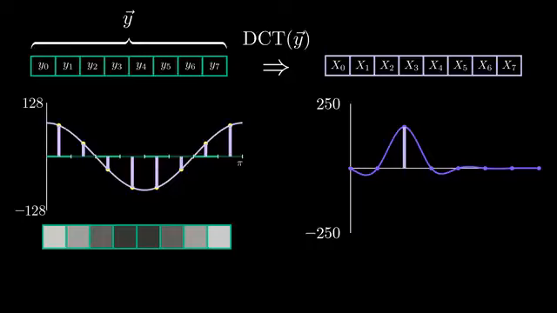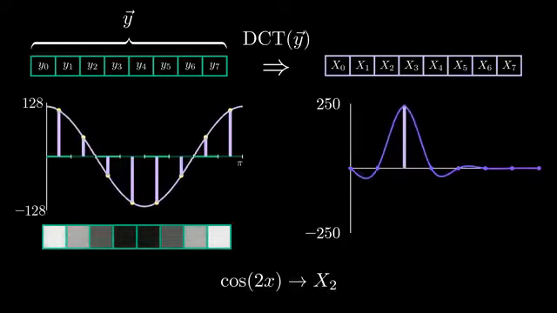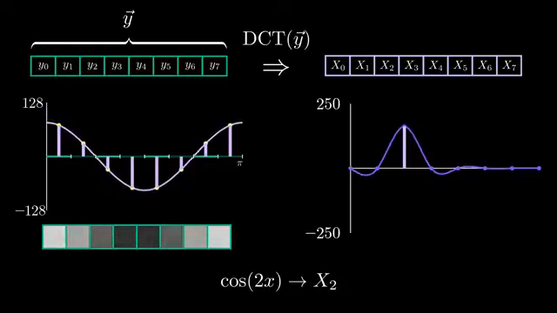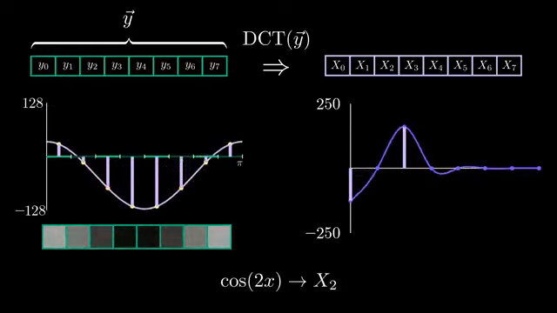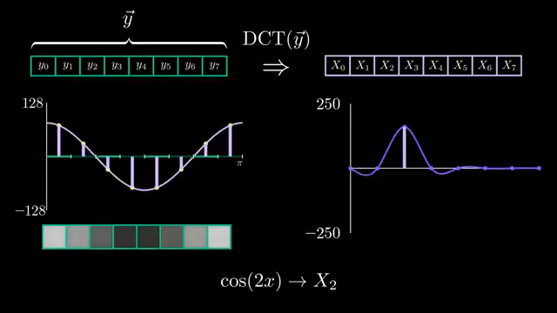For this particular cosine wave, only the second index has a non-zero coefficient. This cosine wave is actually just double the frequency of the previous cosine wave. This is super interesting. The first index of the output seems to nicely correspond with the cosine wave of frequency 1, while the second index correlates with a cosine wave of frequency 2.